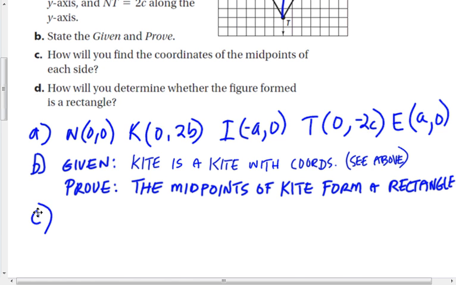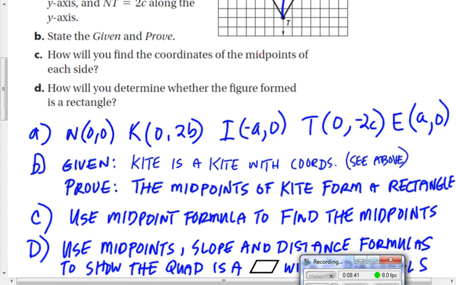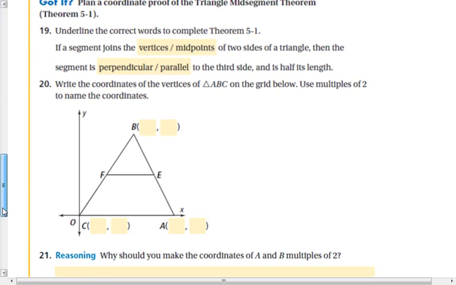All right, I forgot we also will have to use the slope formula to show that it is a parallelogram. And if the quadrilateral formed by the midpoints is a parallelogram with congruent diagonals, then it's a rectangle. All right, you try that on problem 3 here.